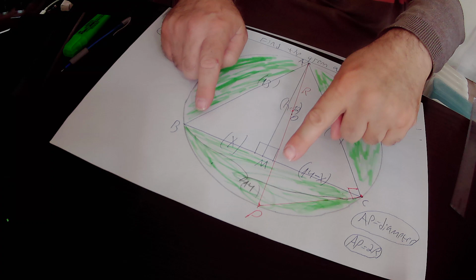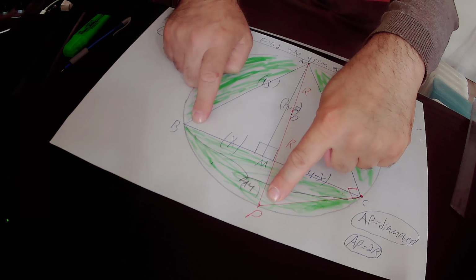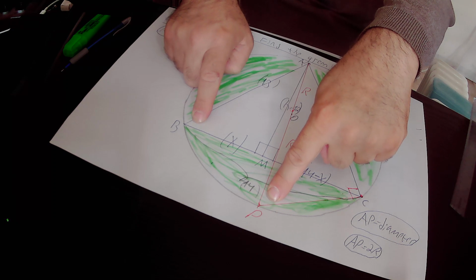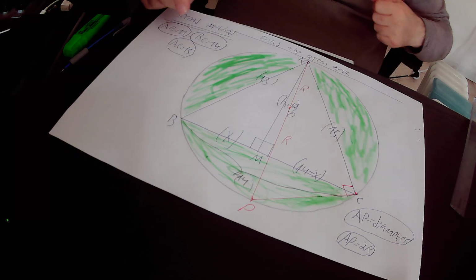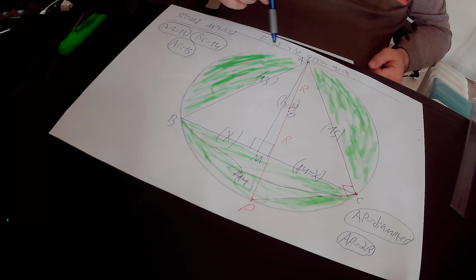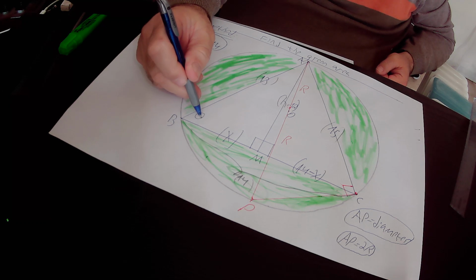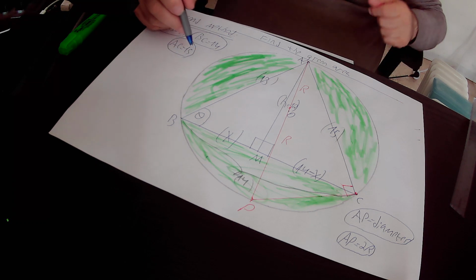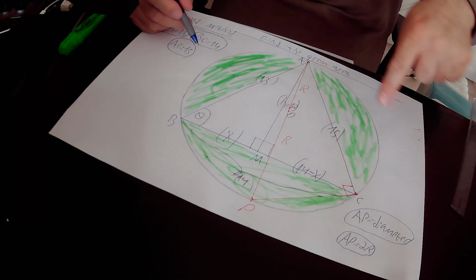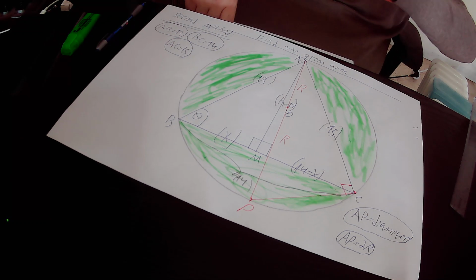So those two peripheral angles both rest on the same chord, chord AC. Therefore, they must be equal to each other. That is to say, if the size of peripheral angle ABC is equal to theta, then the size of the other peripheral angle APC that rests on the same chord, chord AC, must also be equal to theta.